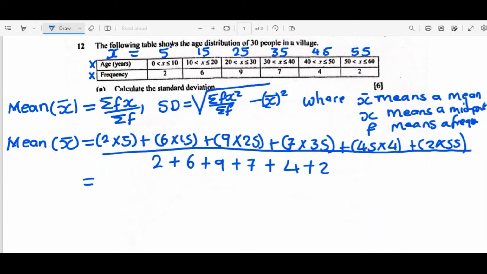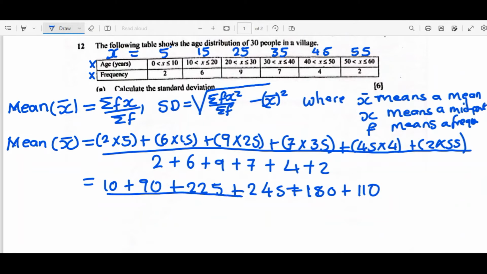So let's see. 2 times 5 is 10 plus 15 times 6 I'm getting 90 plus 25 times 9 I'm getting 225 plus 7 times 35 I'm getting 245 plus 45 times 4 is 180 then plus 55 times 2 will give us 110 over 2 plus 6 is 8 plus 9 that is 17 plus 7 that is 24 plus 4 is 28 plus 2 is 30.